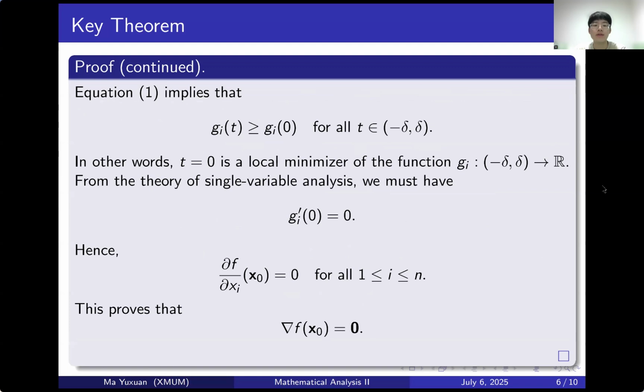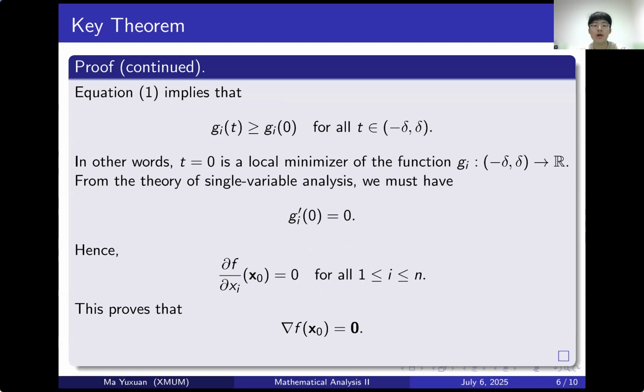And here comes the crucial insight. Since x0 is a local minimizer of f, each of these slice functions g_i also has a local minimum at t equal to 0. Now we apply a powerful tool from single variable calculus, the first derivative test.